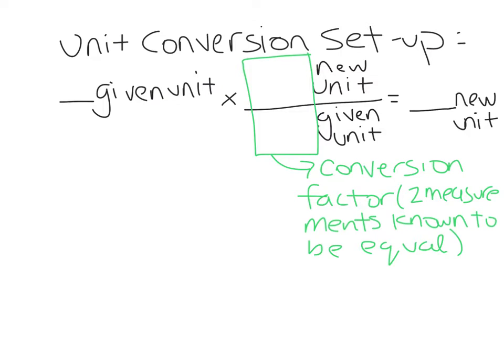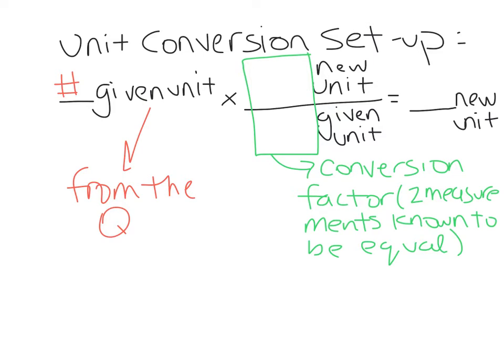All right, so when you are doing any kind of unit conversion, this is the generic setup. You're always going to start with what you're given in the question. From the question, you'll be given a number and a unit. You put the number here, and you put your unit there, the given unit. Then the question is always going to ask you what new unit you need to convert this to.